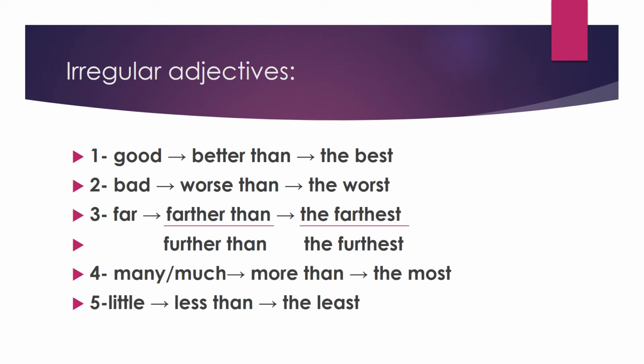Far, it will be farther than or further than. And in the superlative, it will be the farthest or the furthest. With many or much, it will be more than and the most. Little, it will be less than and the least.